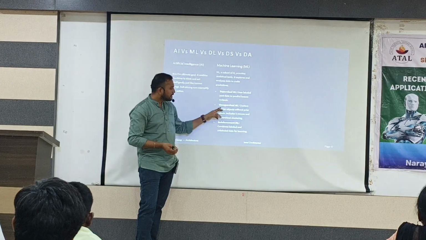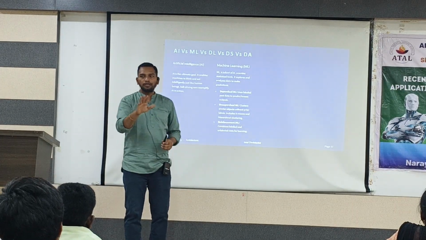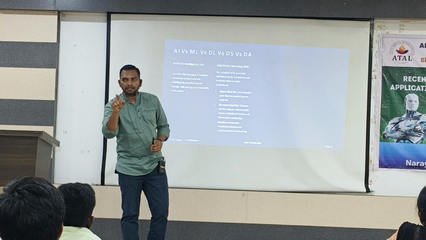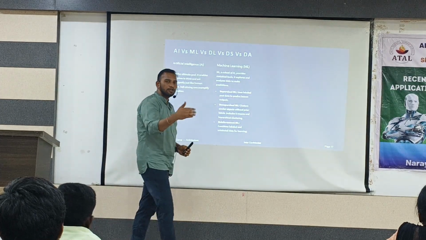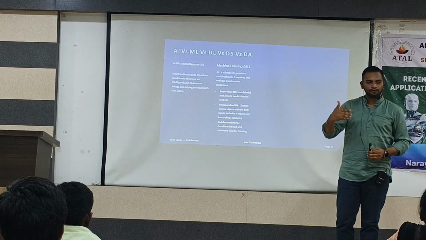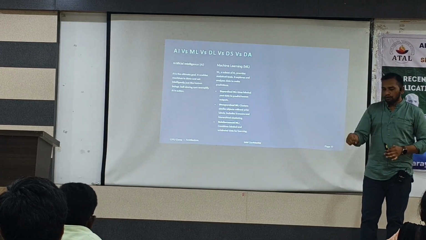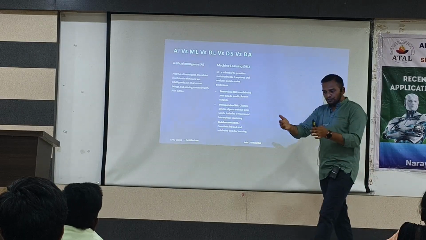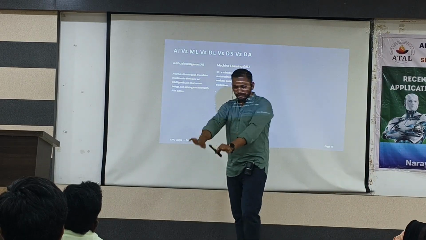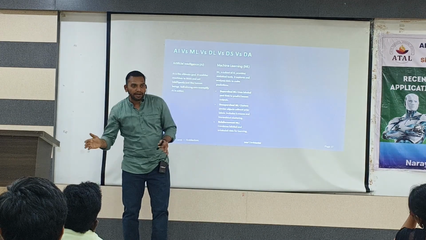Unsupervised machine learning: here, you won't give any labels. You will use something like K-means clustering. For example, you go to the supermarket and buy all the vegetables and fruits and put everything in one basket. Once you go home, you put everything on the floor and want to separate it, right?